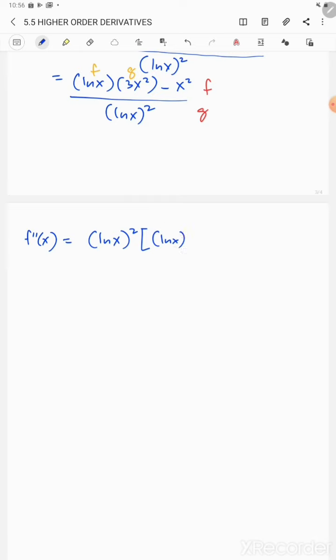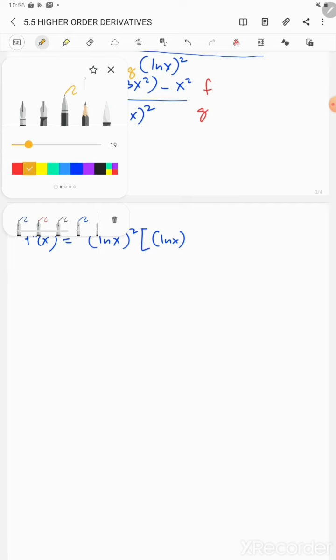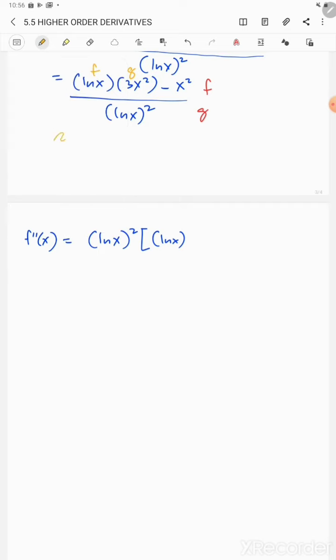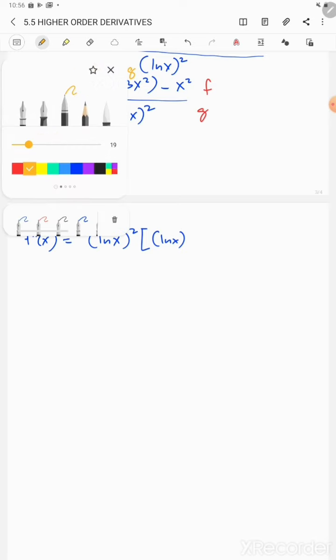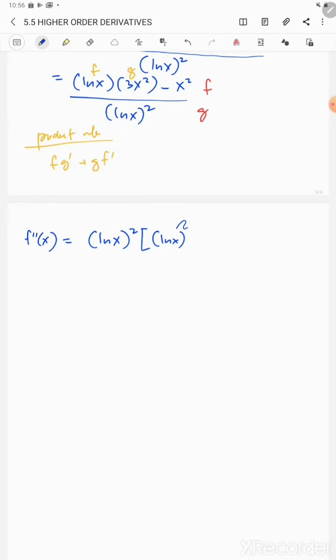Okay, ln x. Wait, before that, if you forgot the product rule, the formula is f g prime plus g f prime. Now we put into the formula: f is ln x, and differentiating g, we get 6x, plus g, which is now 3x squared, times the derivative of ln x.